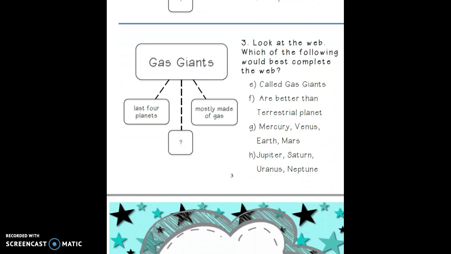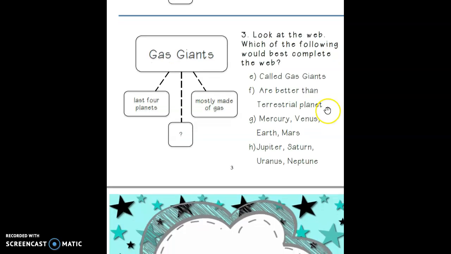Number 3, look at the web. Which of the following would best complete the web? Gas giants is the main idea, and the details are last 4 planets, mostly made of gas. Okay, so my choices are called gas giants, are better than terrestrial planets, Mercury, Venus, Earth, Mars, or Jupiter, Saturn, Uranus, and Neptune.